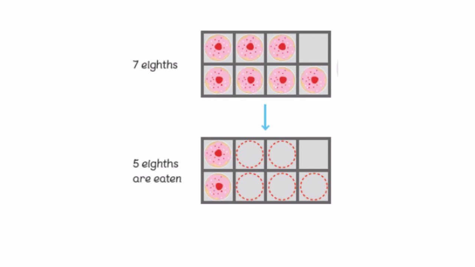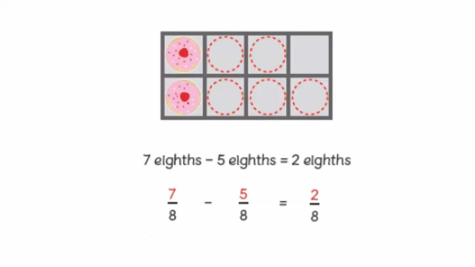Pause the video and write down the number sentence using fractions. This is what your number sentence should have looked like. 7/8 take away 5/8 leaves us with 2/8.